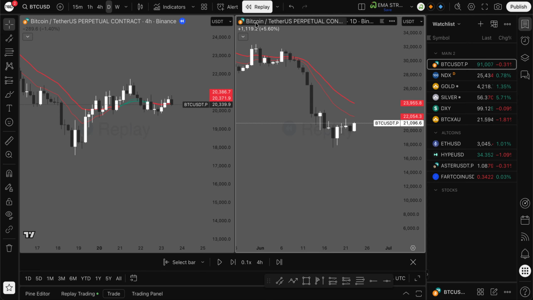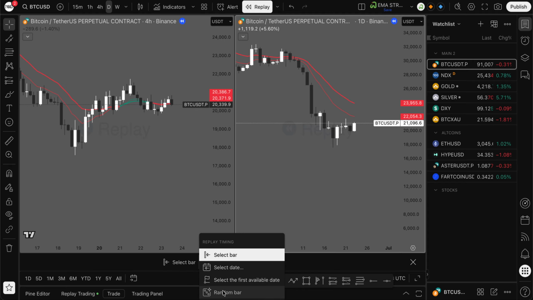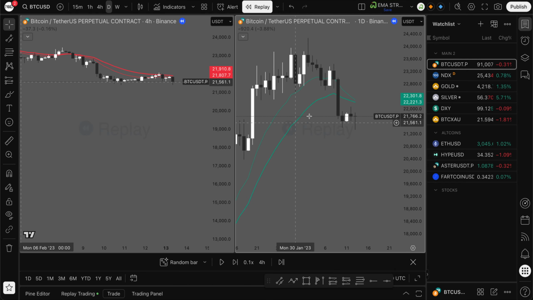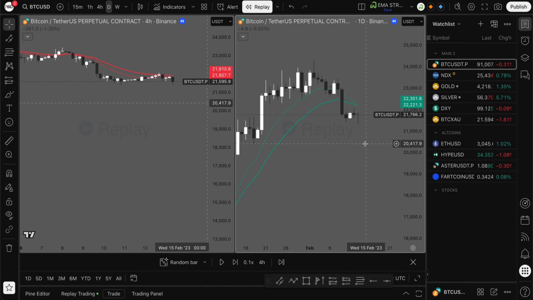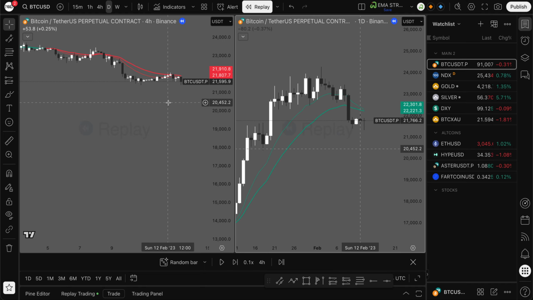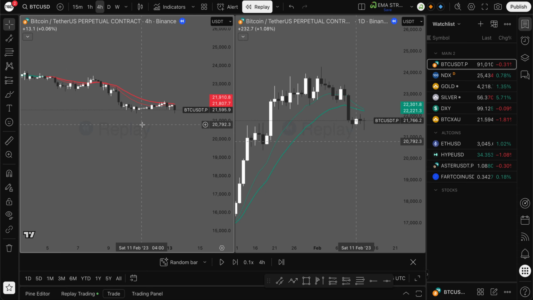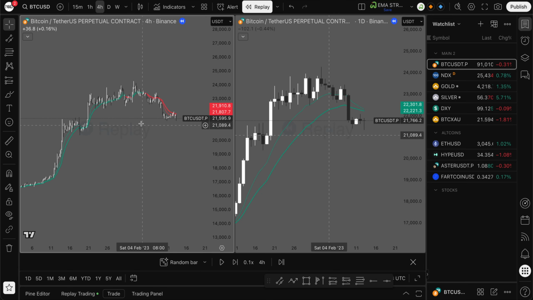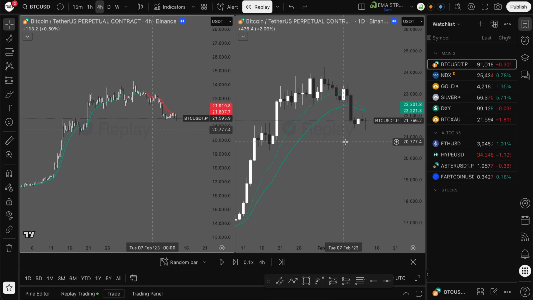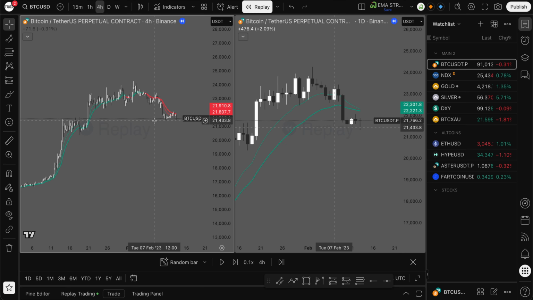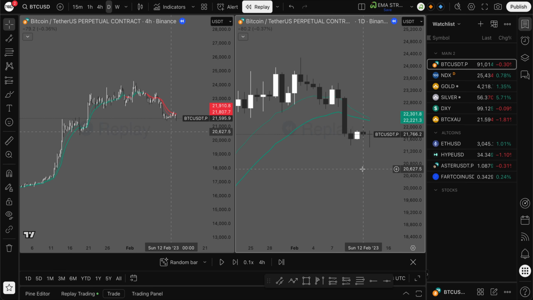So what I did is I just went into replay mode, then you just do a random bar, okay, and there we go. So that's how I just went about it, and I just looked back a little bit to kind of have an idea of the price action, but I didn't fully check everything into detail or mark any levels or anything like that. It's just pure based on price action.